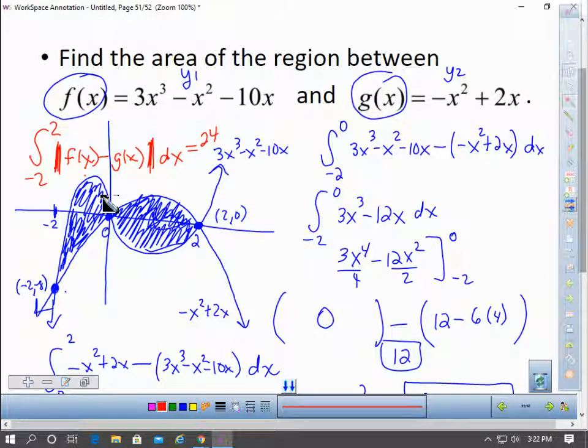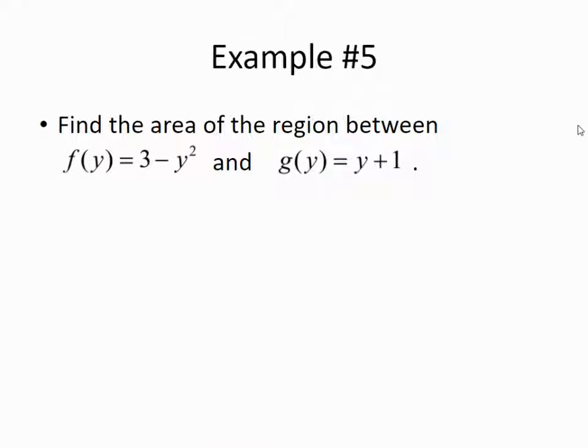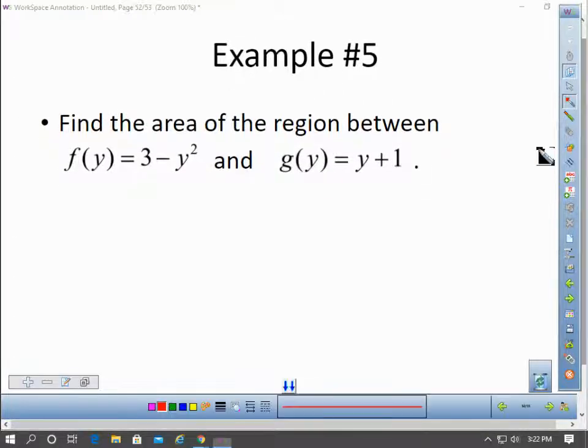So if it was a calculator question, we're in business. If it's a non-calculator question, then you have to do each integral individually and then sum up your two answers. All right. So that just gives you a little bit on that one. What made that one hard was that they intersected 3 times, so it gave you 2 areas.